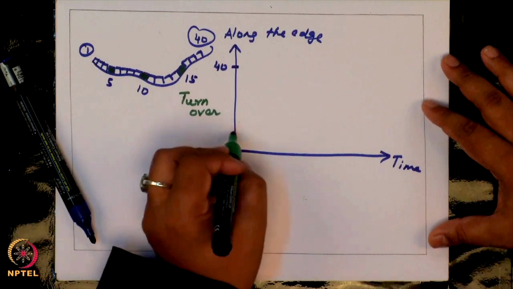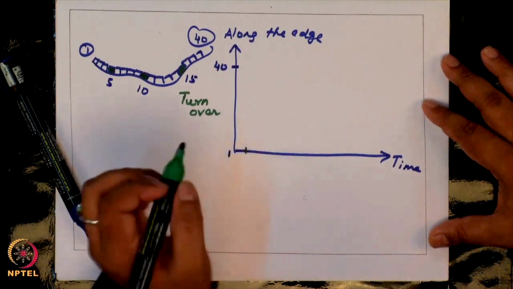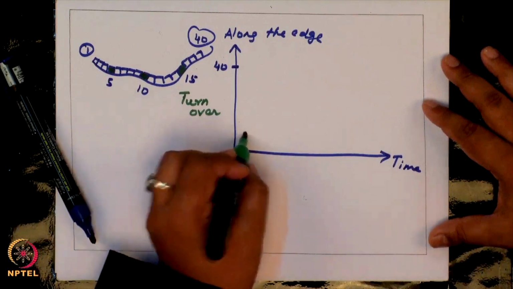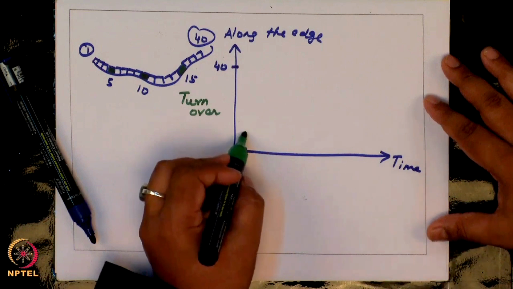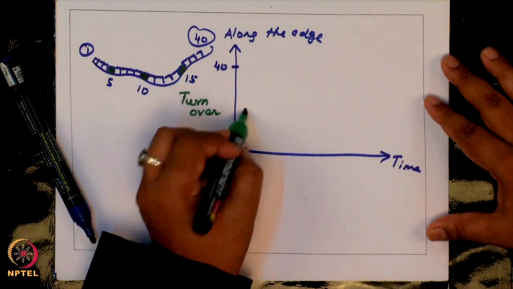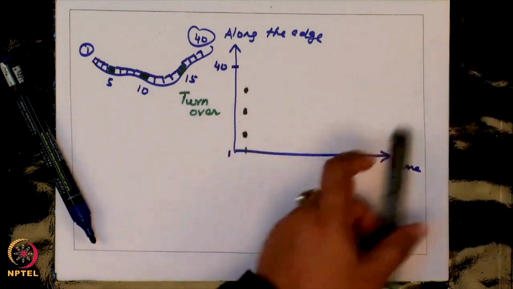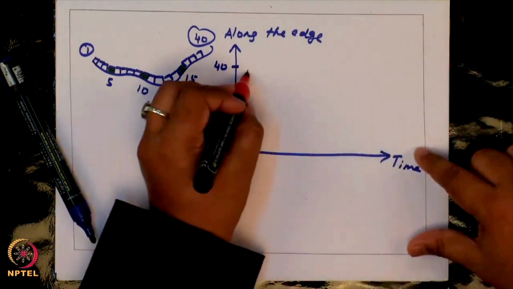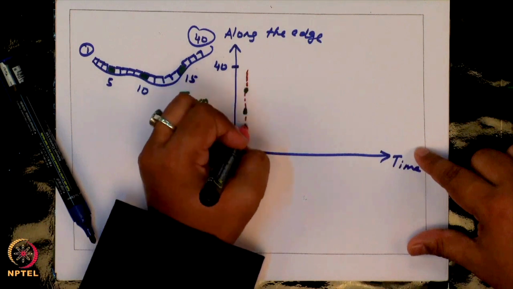At this particular time t, you would have a green signal at position 5, indicative of polymerization, a green signal at position 10 and at position 15, and at all other points you will have a red signal.